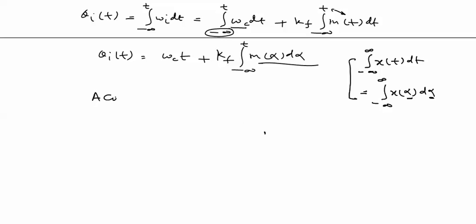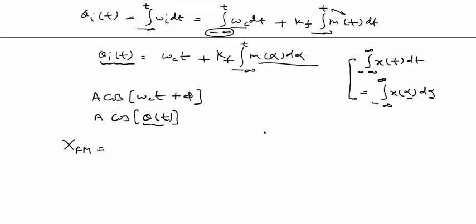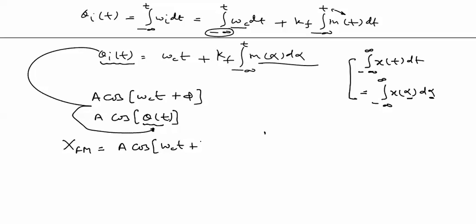Our basic expression for the carrier is A cos(omega c t plus phi); the unmodulated carrier can be denoted in terms of angle. The modified, instantaneous angle we get from here, so we apply it as per the definition. Now we get the complete expression for the FM waveform: kf times the integral from minus infinity to t of m(alpha) d alpha is the complete expression for FM.